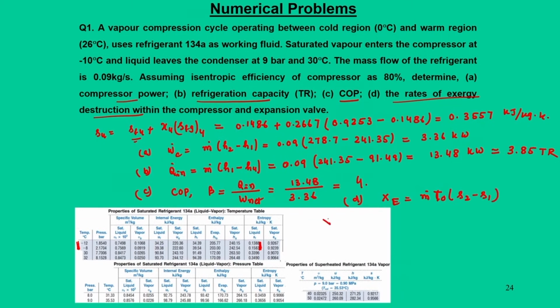So, here X E for expansion valve, that is equal to m dot T 0 into S 4 minus S 3. So, and here m dot is 0.09, T 0 is we can say 26 degree centigrade, which is ambient.